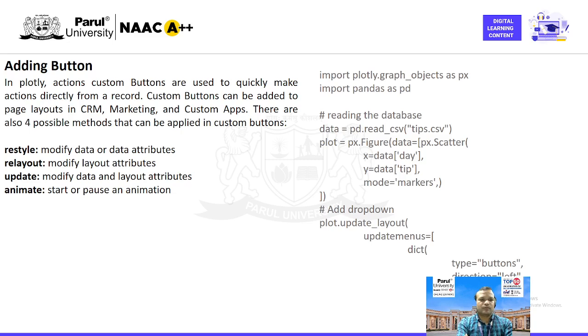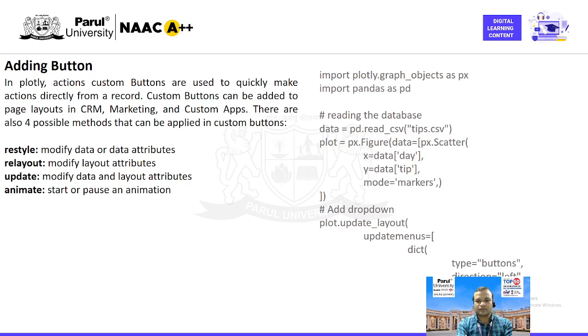There are also four possible methods that can be applied in the custom buttons: restyle, relayout, update, animate. Restyle modifies data or data attributes. Relayout modifies layout attributes. Update modifies data and layout attributes. Animate starts or pauses an animation.